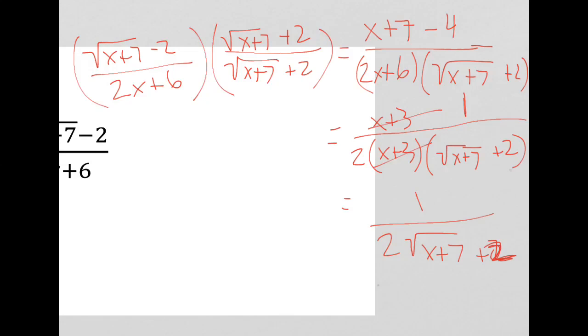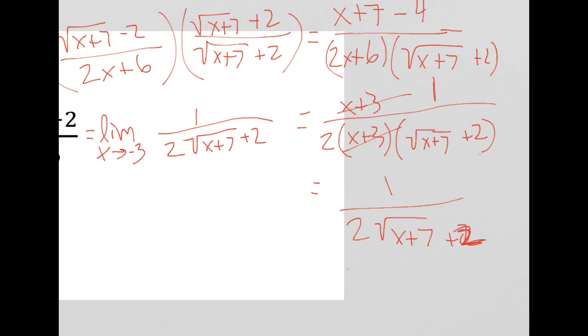And now let's rewrite this limit. And if you'll notice, the way I have this written right now is absolutely incorrect, because that should be in parentheses. If you forget those parentheses there, you will end up with the incorrect answer.